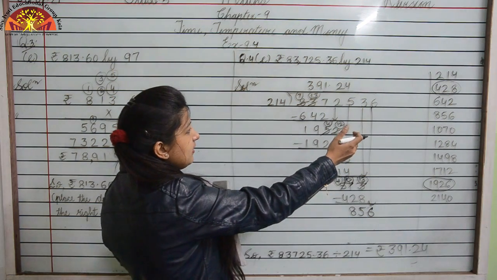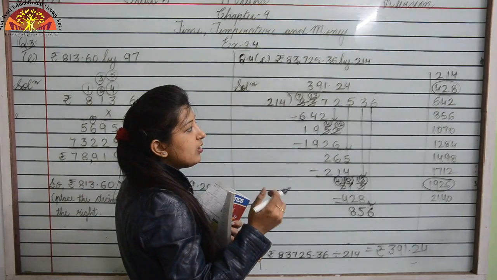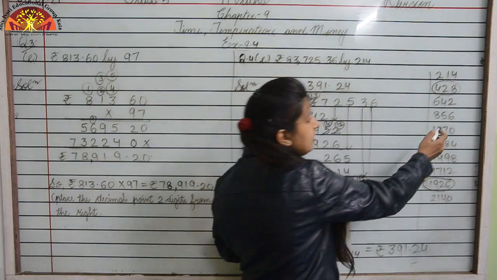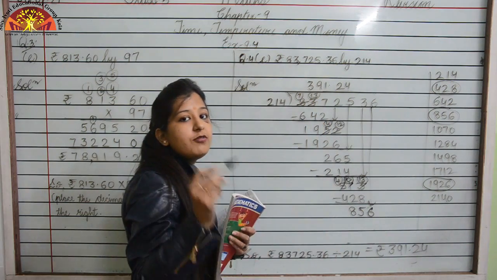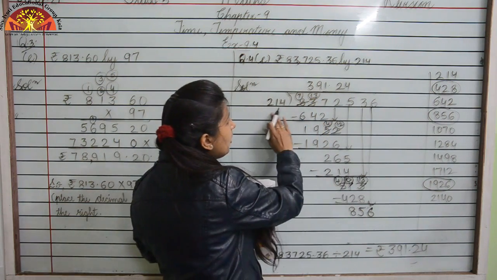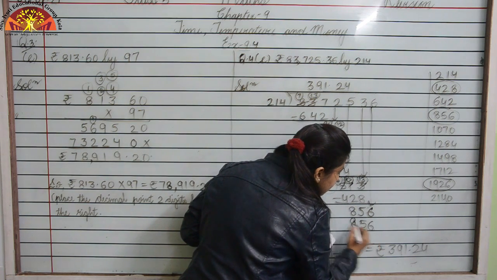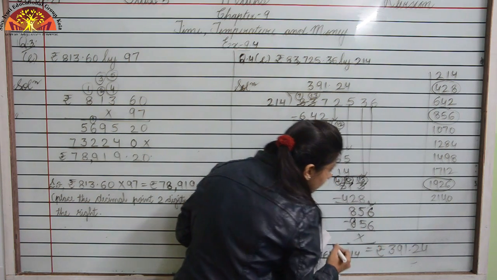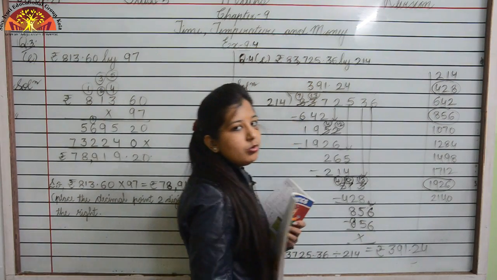Now we will see whether 856 is coming in the 214 table or not. So we can see 856 is coming in the 214 table. So we will write 214 4s are 856. 856 minus 856 equals 0.